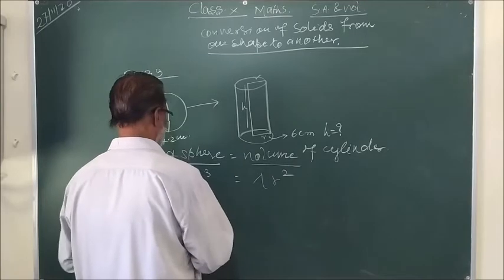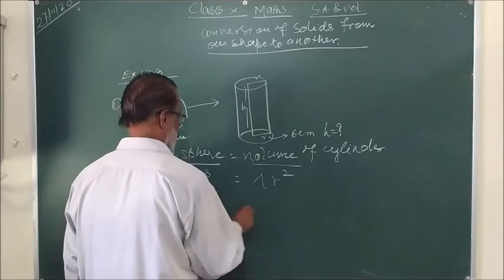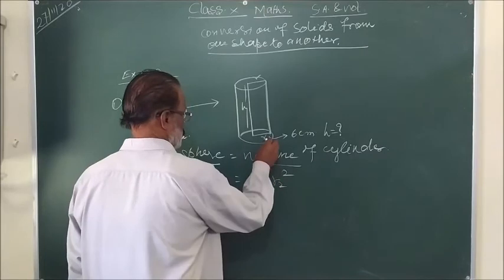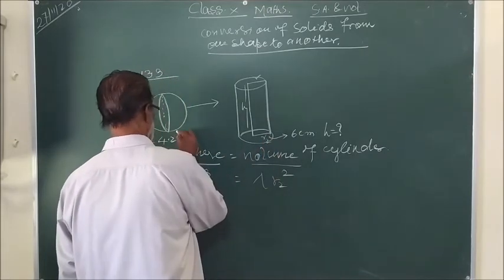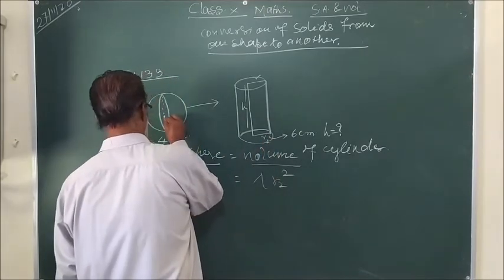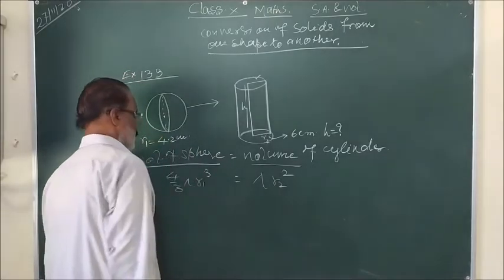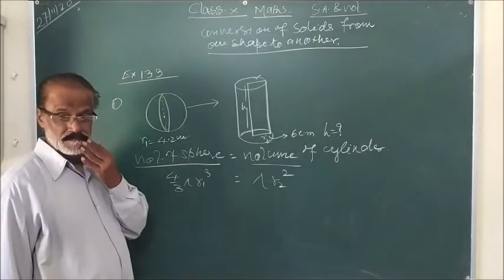To remove confusion about r, you can write r1 and r2. R1 is the radius of the sphere, and r2 is the radius of the cylinder.